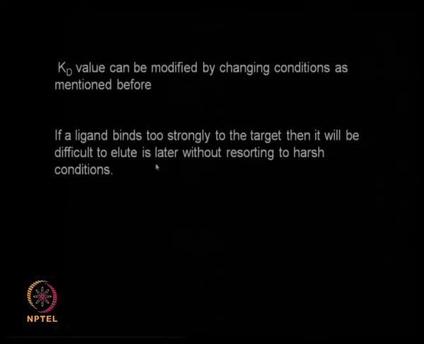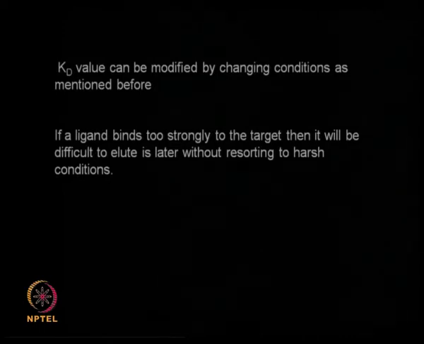But one big problem you need to consider is if the ligand binds too strongly to the target, then it becomes very difficult for it to elute out when you are doing the washing or the regeneration. We do not want too strong a binding, because then you need very strong conditions to unbind whatever has been bound to the ligand.